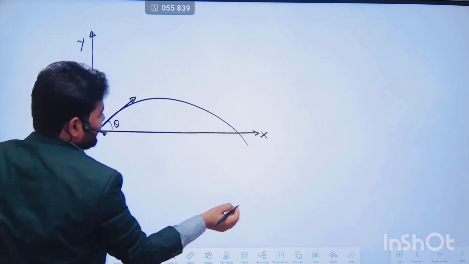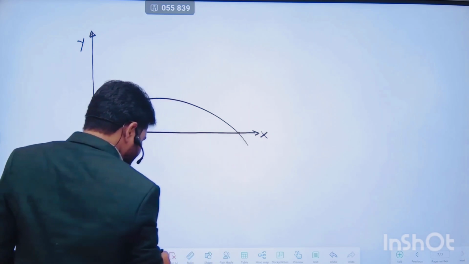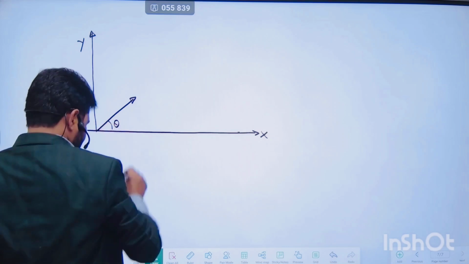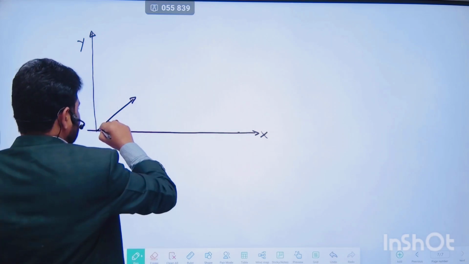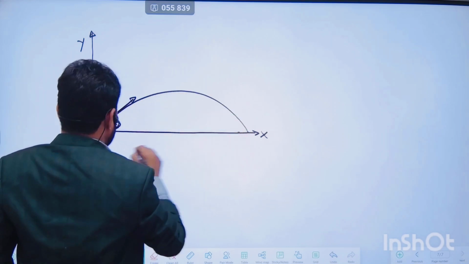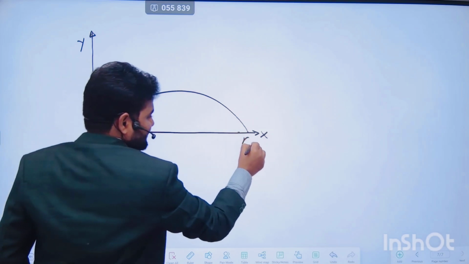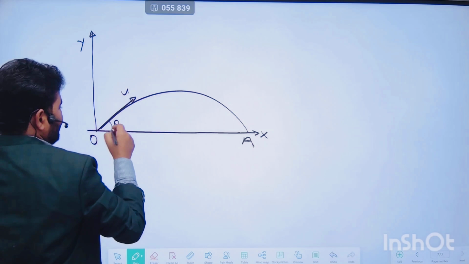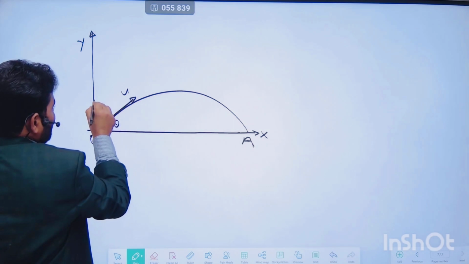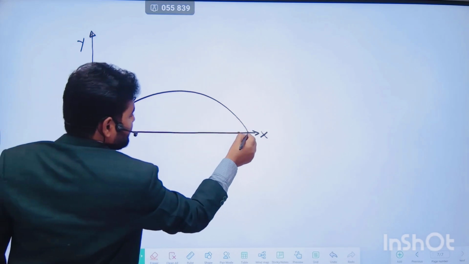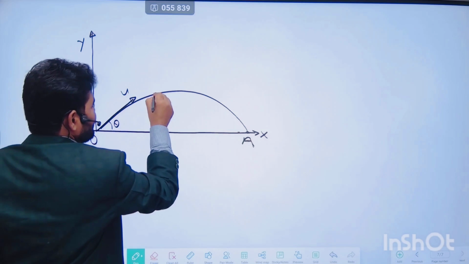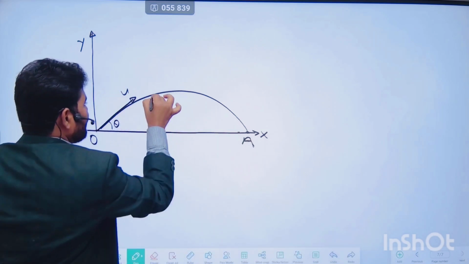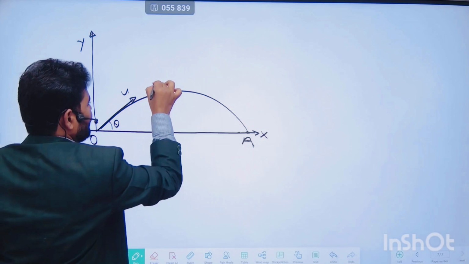It will fall like that here. This is the point of projection, and this is the point where the particle is falling down. If this is u, suppose the particle reached any general point, here at a point P.